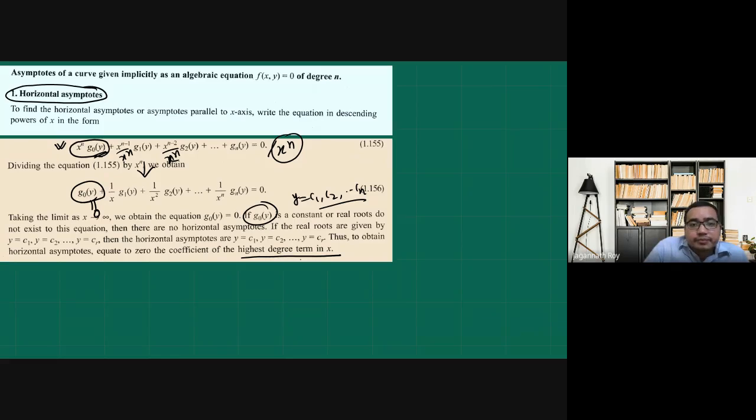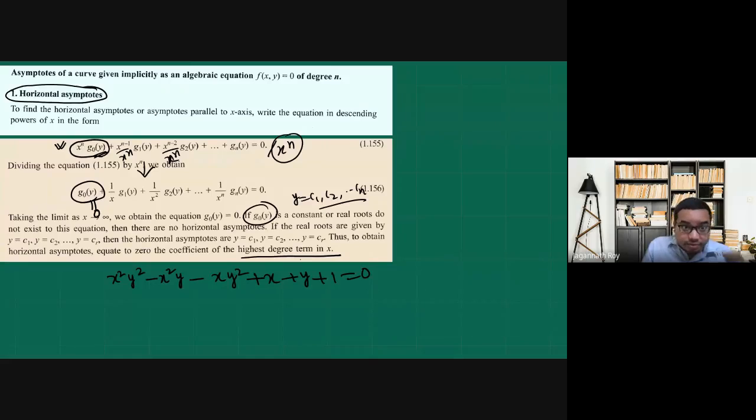For example, take x square plus y square minus x square y minus xy square plus x plus y plus 1 equals 0.